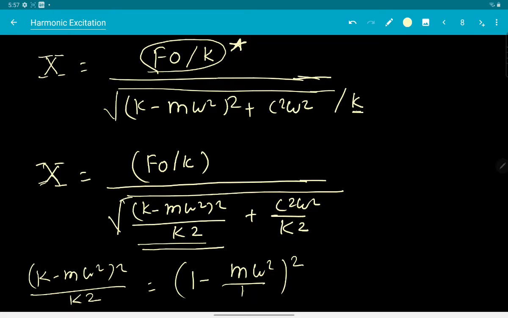So it will be k inside. Okay, so 1 minus m omega square by k square of that, which means that it is equal to 1 minus omega square divided by omega n square, because you know that k by m is nothing but omega n square, which is circular natural frequency of the system under consideration.